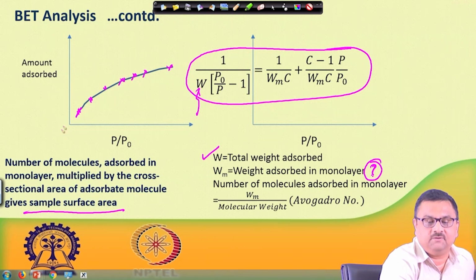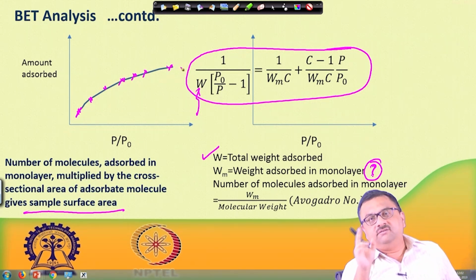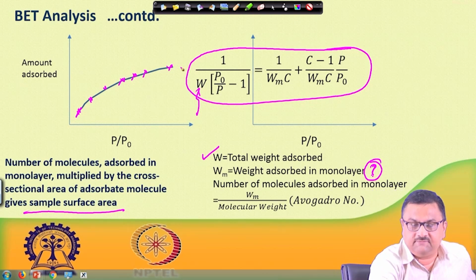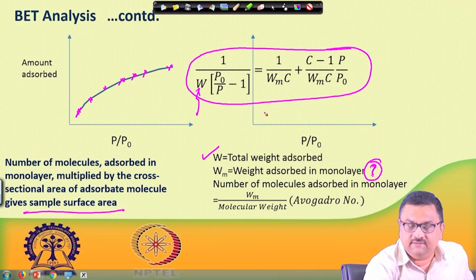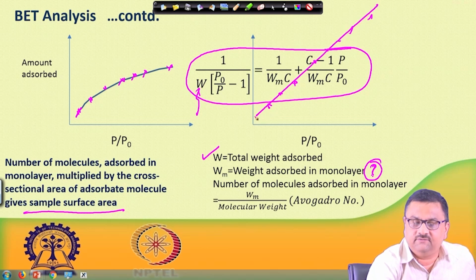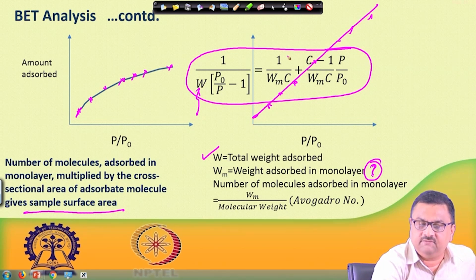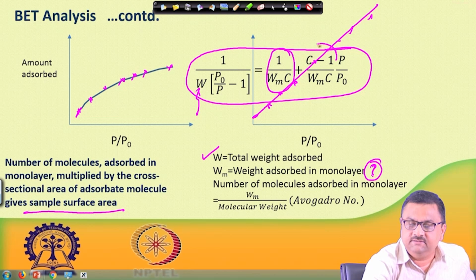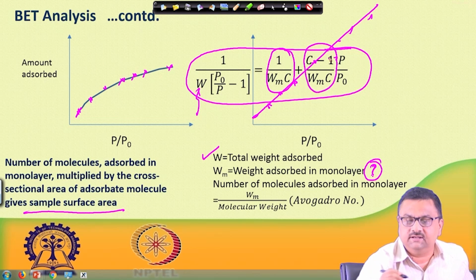These experimental data points are generated by the nitrogen adsorption experiment that I mentioned just now, and then these have to be plotted like this, and you will have data points which would be coming like this. Now, if you have a least square fit, wherever it is having an intercept, that intercept value would be 1 by Wmc, and the slope would be c minus 1 by Wmc.